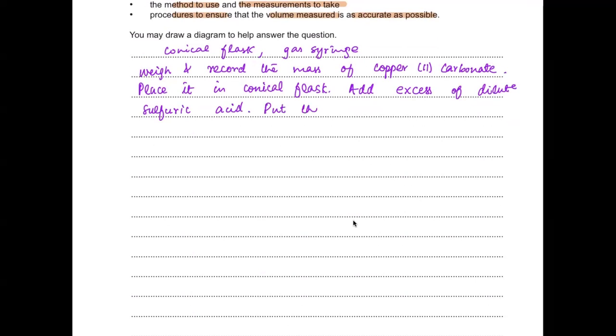Okay, add excess of dilute sulfuric acid. Put the bung quickly, which is connected to the gas syringe.